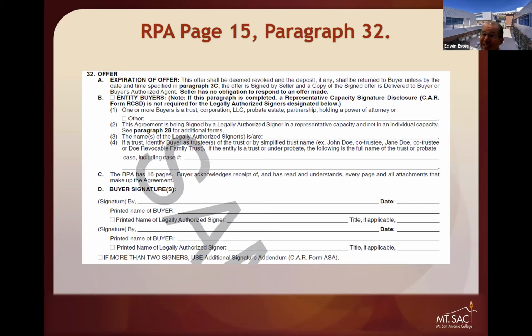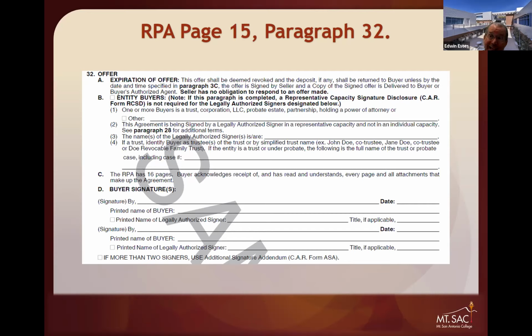If we have an entity buyer, you check the box in B. You then identify the name of the entity and who the signer is, all right? And now the signer can just sign their name on all disclosures and all of their documents. They don't have to reference the entity. So let's say I am the managing member of the Mount SAC LLC.